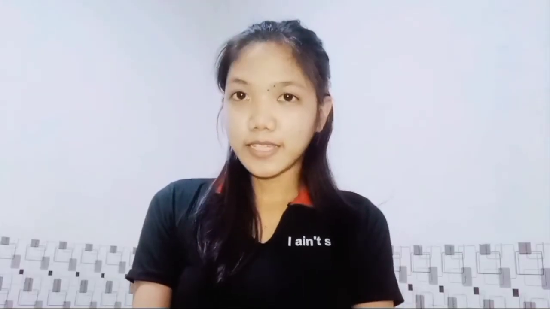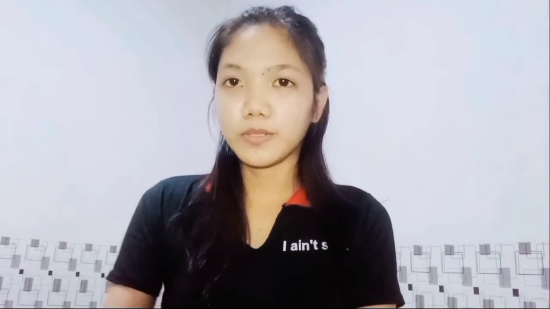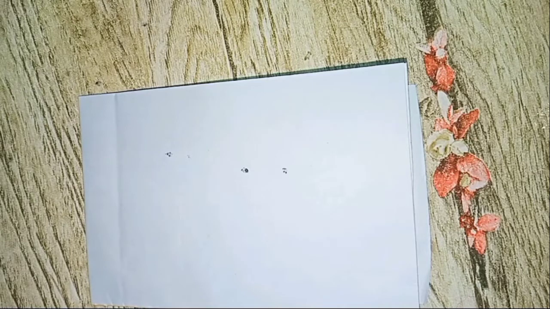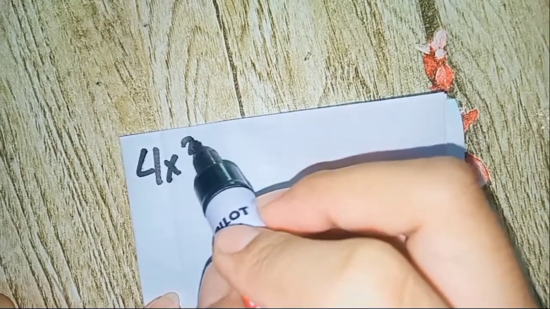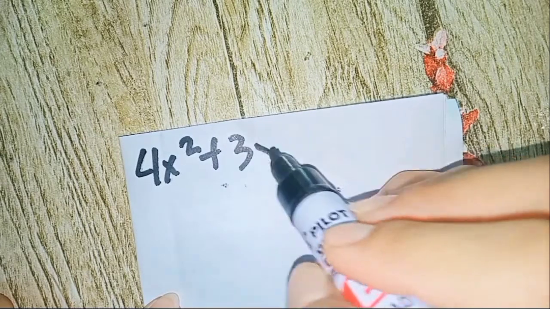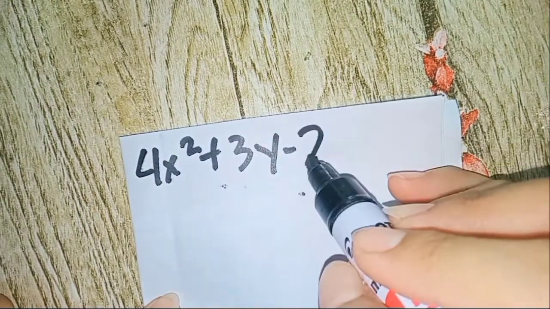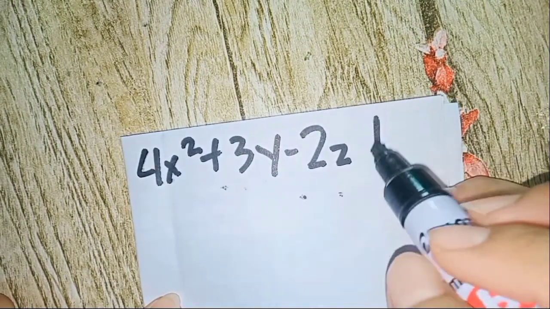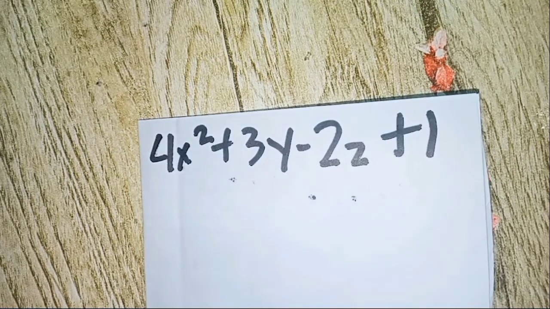And lastly, the variable is not in denominator. For example, kunin lang natin yung ginamit natin sa example kanina. So, 4x squared plus 3y minus 2z plus 1. 4x squared plus 3y minus 2z plus 1 is an example of a polynomial function.